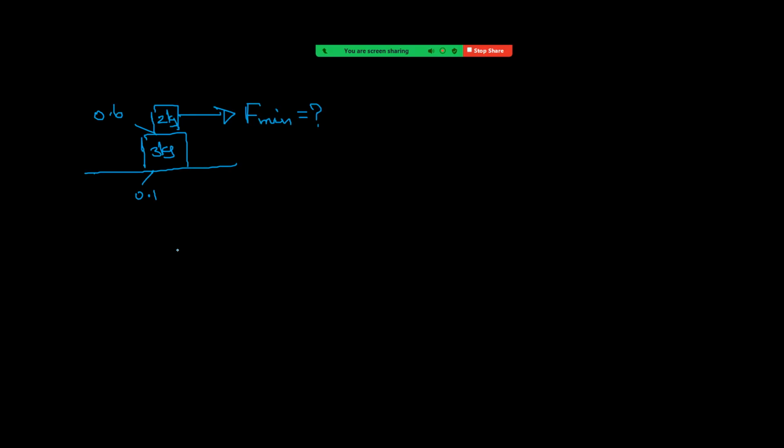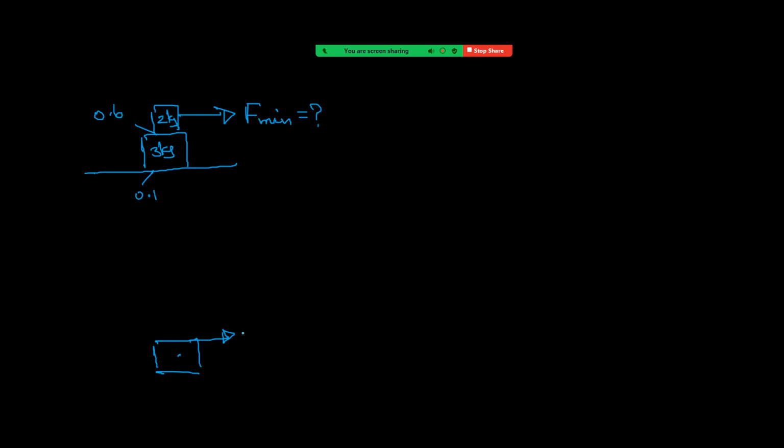Right, so focus now. First of all, focus on the 3 kg block. Why is the 3 kg block moving? Because of the frictional force. When we apply force on the 2 kg block to the right side, the 3 kg block also moves right side. That means on the 3 kg block, frictional force must be right side. Slipping starts means friction is at the limiting value.